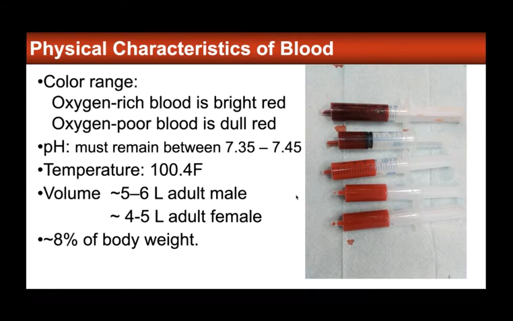That's a function of the absorption and reflection of light. When you actually take blood out of the body, you see that it has a range of red tones. So oxygen-rich blood is very bright red. Oxygen-poor blood, which is in the top, is more of a darker color.